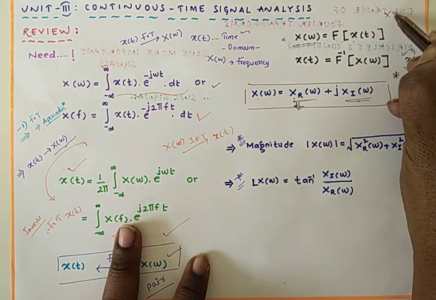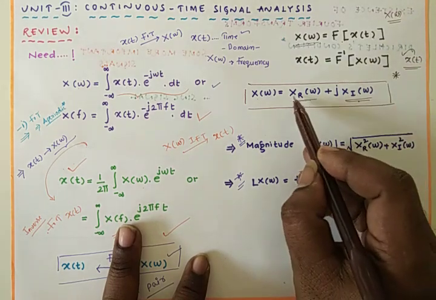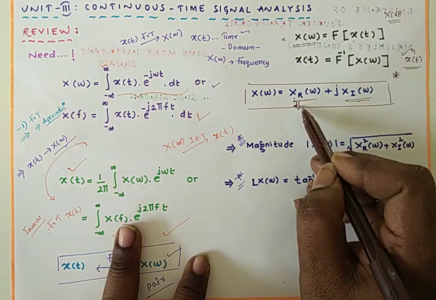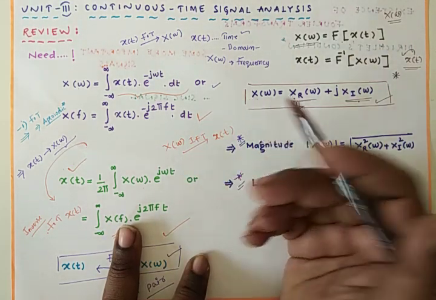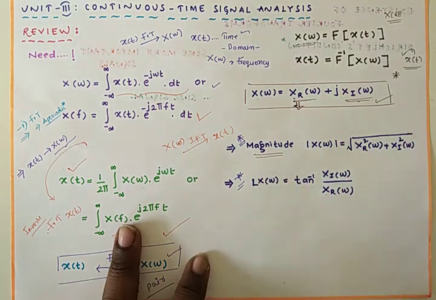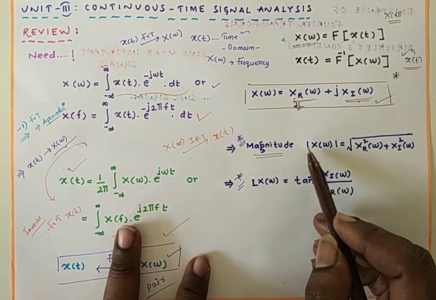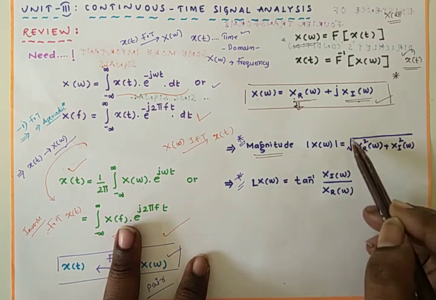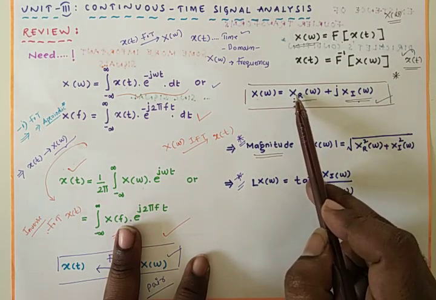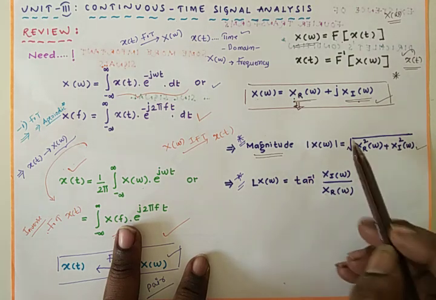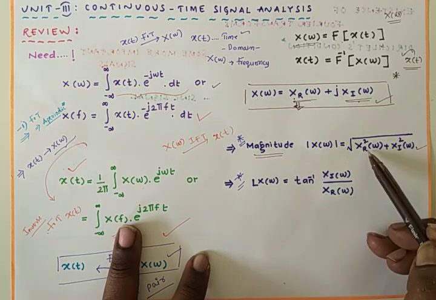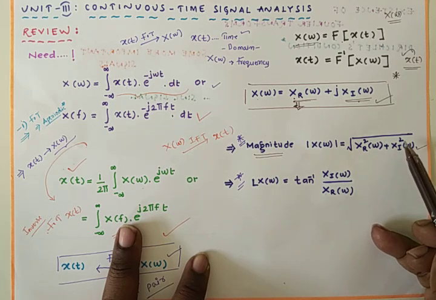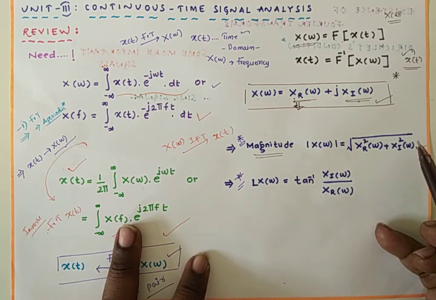We know x of omega. From that, xr of omega is the real part of x of omega, and xi of omega is the imaginary part, and from these we can calculate the magnitude. The magnitude is the modulus of x of omega, equal to the square root of the real part squared plus the imaginary part squared, that is, the square root of xr squared of omega plus xi squared of omega.